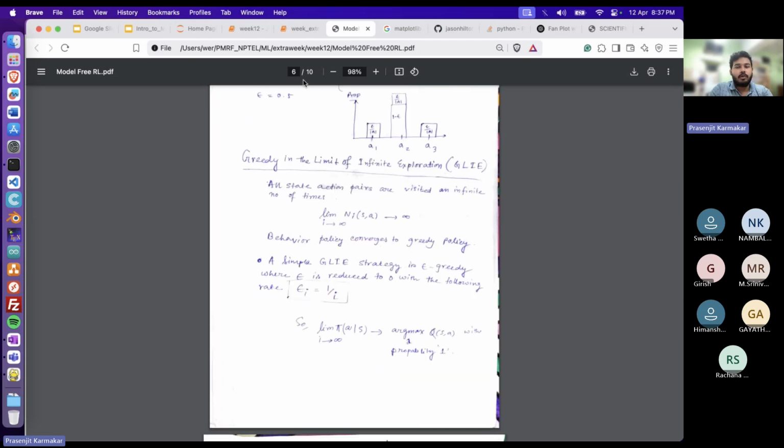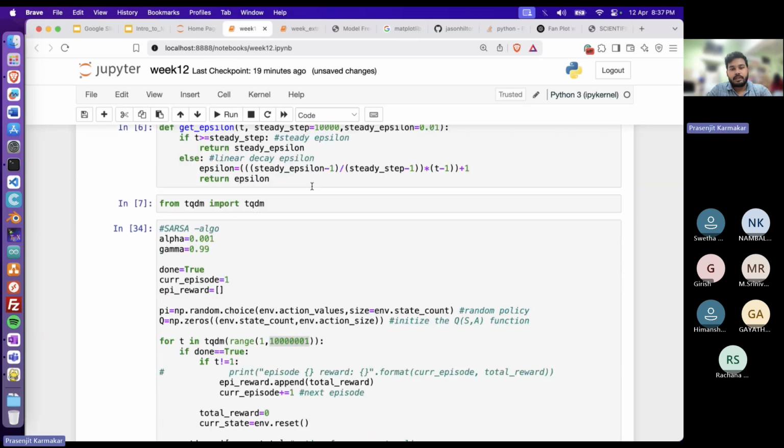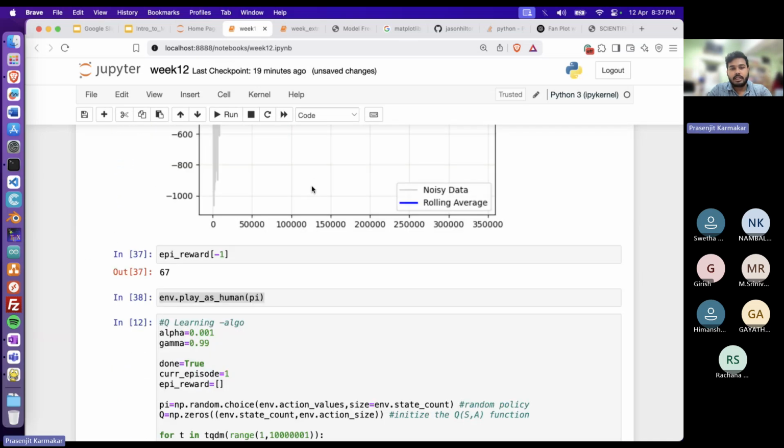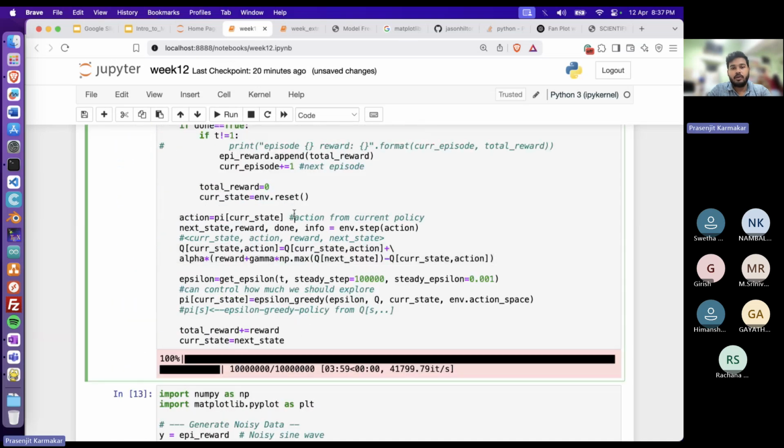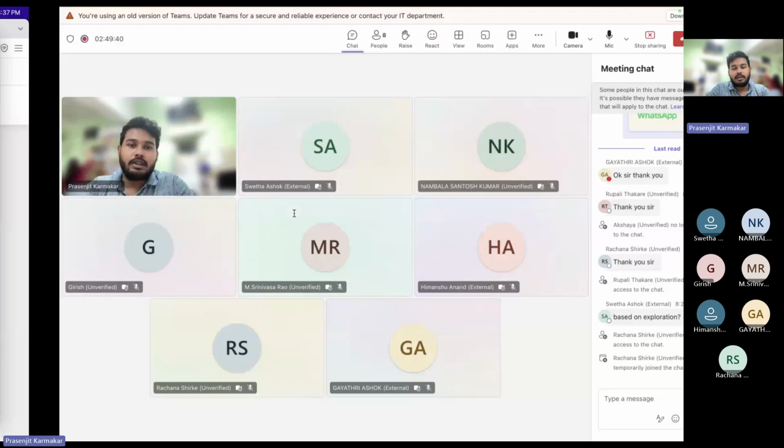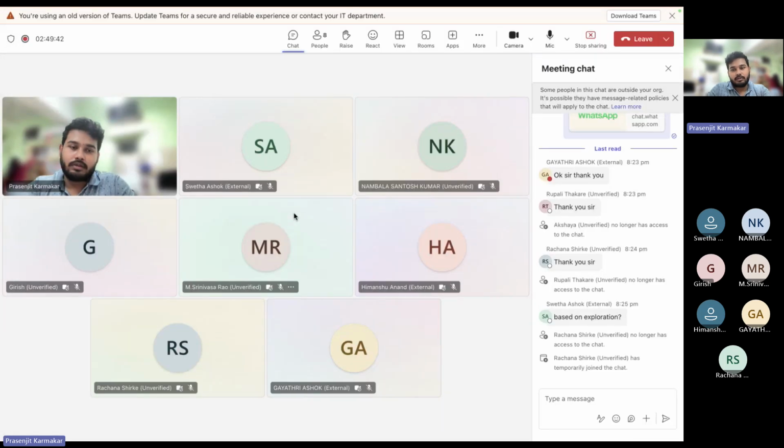I have explained most of it. SARSA and Q-Learning we implemented. You can also go and implement the other algorithms, like the Monte Carlo ones, based on exploration.